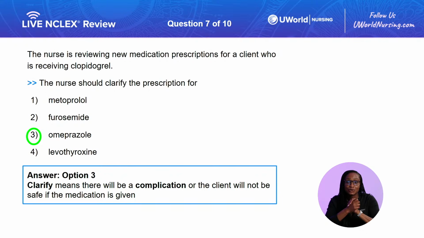So the best way to avoid that is to not give omeprazole and maybe give a different type of GI medication to prevent ulcers. So options 1, 2, and 4 would be okay medications to still give with clopidogrel, and are very commonly seen given with clopidogrel. But omeprazole is the one medication that we cannot give with clopidogrel. But you guys did very good.